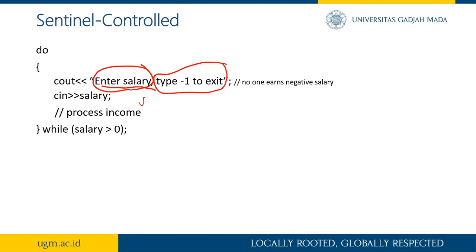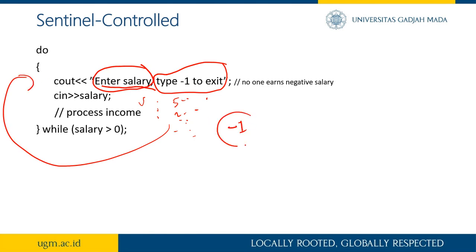So this is the prompt: enter salary and type -1 to exit. So I will type in salary, for example, 5,000, 2,000, etc. It will repeat until I type -1.